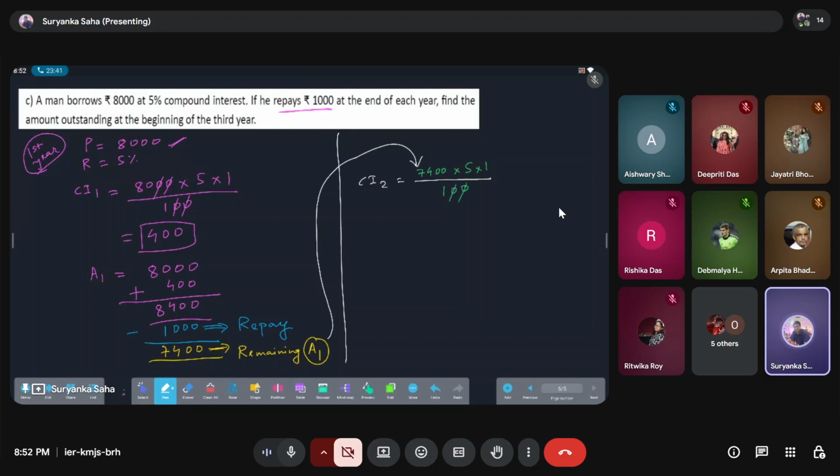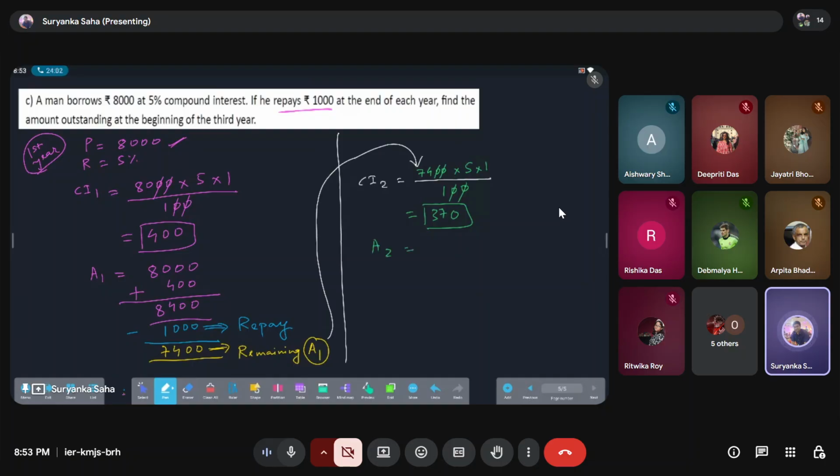If you cancel the two zeros, it will be 74 into 5, which is 370. So 370 is the CI2.